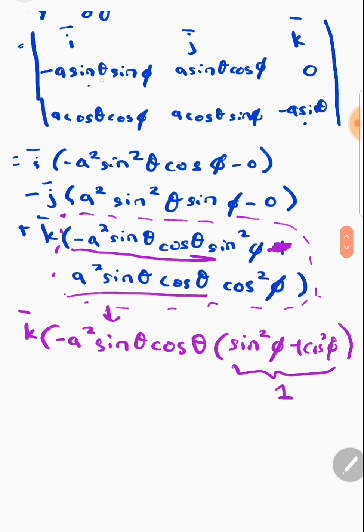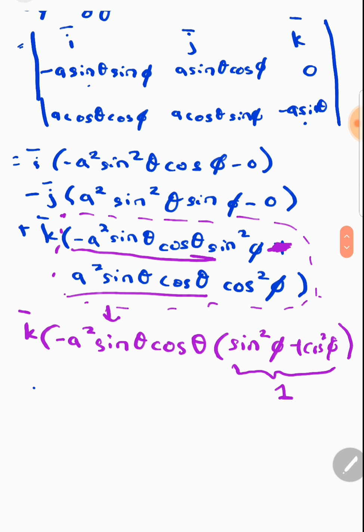Remember from this k here, the cross determinant, I get a minus at the front because of the negative sign, and then minus this part. So that's why minus minus. When I factorize, this is negative a square sine theta cos theta, then I get sine square, and when this is minus, I just put a plus here. That gives me 1. Tiny bit of correction there.